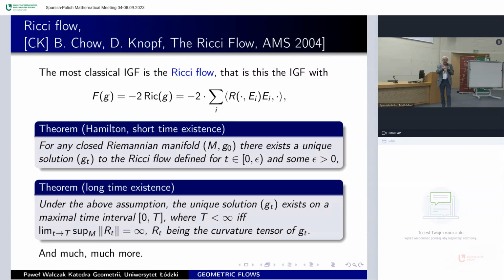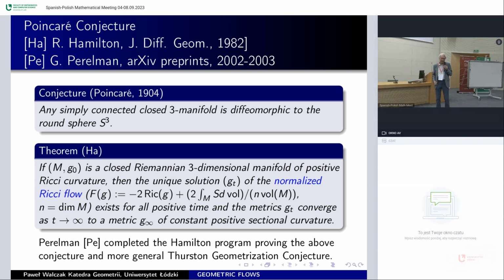Now, this is why the Ricci flow is really important. There existed a conjecture by Poincaré asking if any simply connected closed manifold of dimension 3 is diffeomorphic, or maybe even homeomorphic, but diffeomorphic to the round sphere.